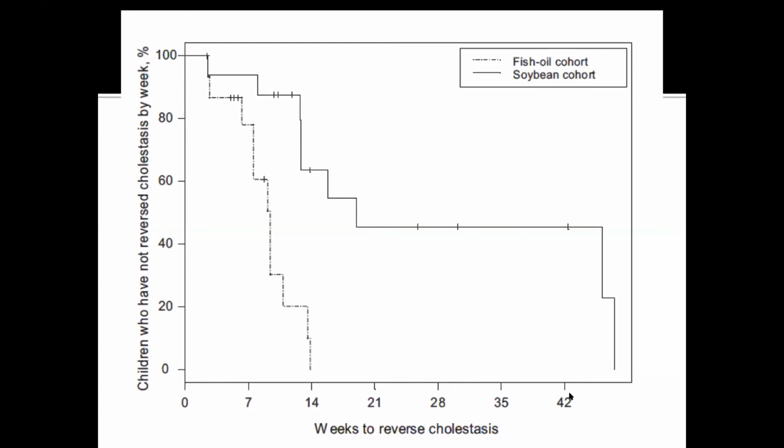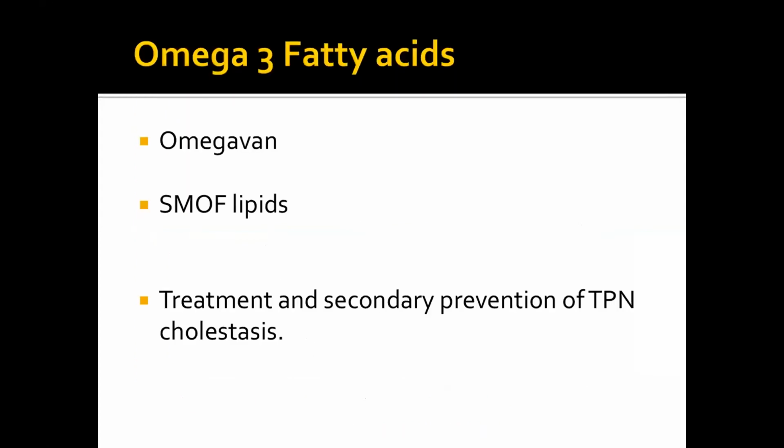They needed about 42 weeks to reduce the cholestasis and the direct bilirubin. Compared to patients receiving Omegaven, the period was much faster. So Omegaven, or fish oil in general, is very useful in patients with cholestasis and liver disease associated with PN support.